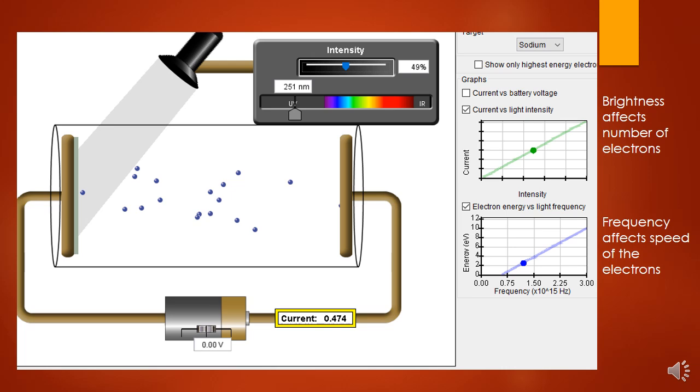The brighter the light, the stronger the current gets. We need to know that. The bottom one is showing us frequency versus the kinetic energy of the electrons. As we increase the frequency, we're going closer to blue and violet and ultraviolet and ultimately X-rays and gamma rays. And as I increase that frequency, the electrons have more energy.